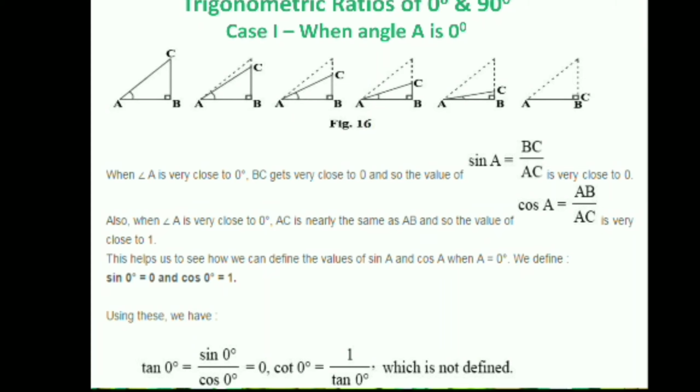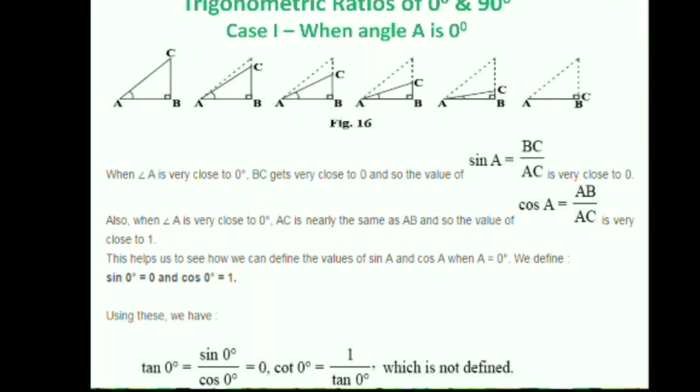It is very close to 0. Also when angle is very close to 0, AC is nearly the same as AB, or not? AC is nearly the same as AB. So the value of cos A, which is AB upon AC, is very close to 1.